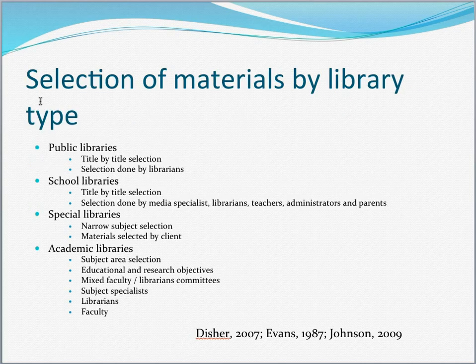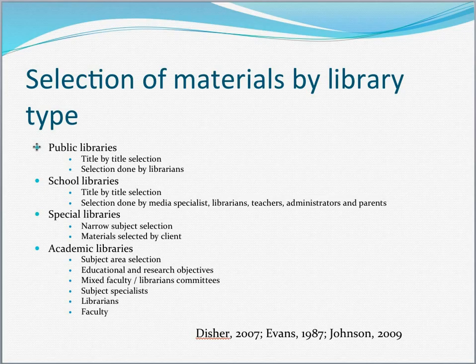Selection of materials by library type. We have public libraries, and in public libraries in general, again, this is a model from the literature. It doesn't have to be like that in your library, but it's a way to understand how the selection takes place. In public libraries, the selection is done title by title, by librarians, of course, with the input of the community analysis.